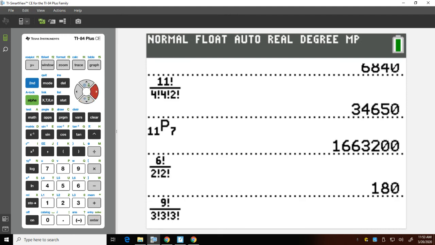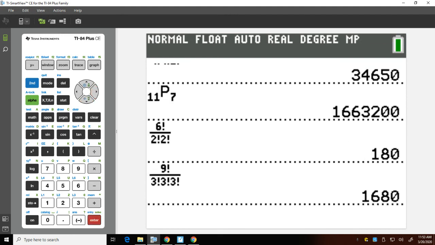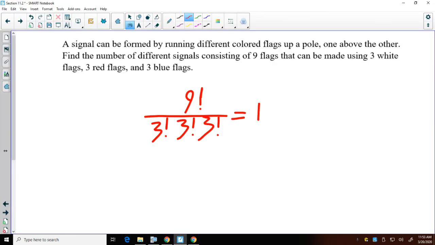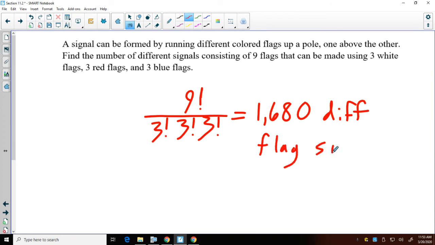So there is what we're working with. And there are 1,680 different ways we can signal with flags. Or you can say 1,680 flag combinations. Flag signals.